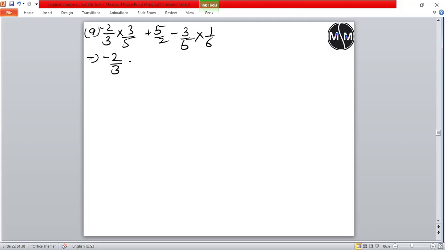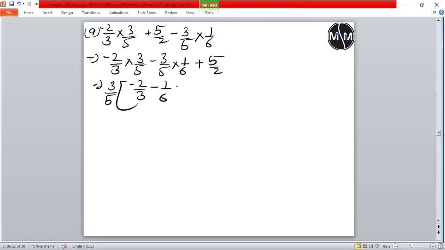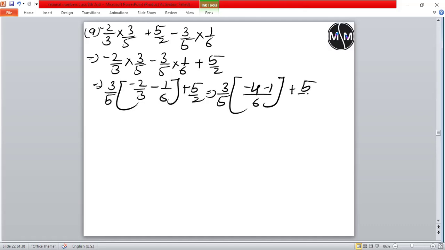So minus 2 by 3 multiply 3 by 5 minus 3 by 5 multiply 1 by 6 plus 5 by 2, and take common outside, means 3 by 5 outside the bracket, and we get minus 2 by 3 minus 1 by 6 plus 5 by 2, which is equal to 3 by 5 bracket, LCM is 6, minus 4 minus 1, plus 5 by 2.